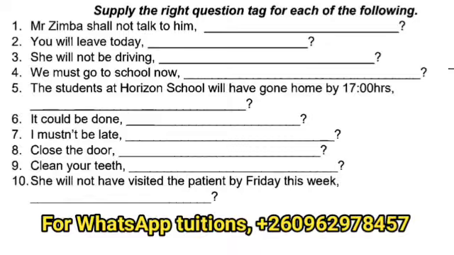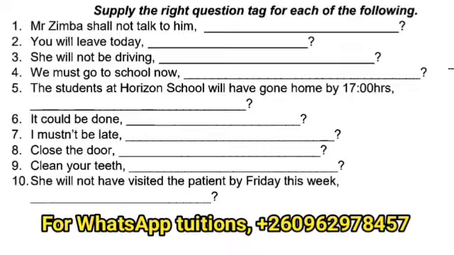You will leave today, won't you? Because it was already in positive form. So now writing the question tag, you simply introduce the word will and the word not in its short form, n apostrophe t. So instead of saying will n't, you say won't, won't you?